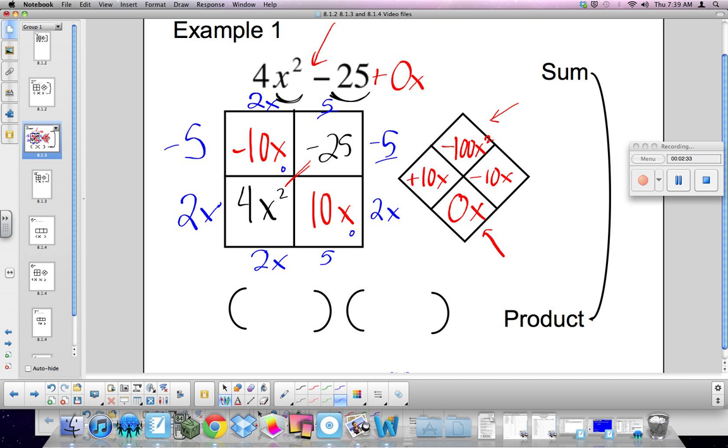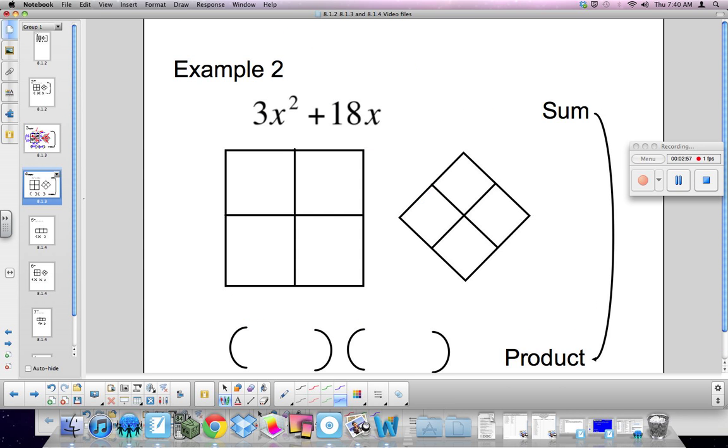So yes, 5 times negative 5 is negative 25. Remember, your final answer is a factored pair, 2x plus 5 times 2x minus 5, because those are the two dimensions of my rectangle. So don't be afraid to add in a 0. That's the key with this video, but make sure you know which one is 0.